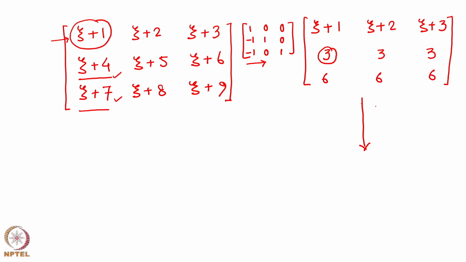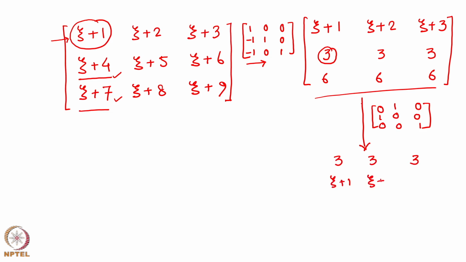So by a permutation matrix of this kind, 0, 1, 0, 1, 0, 0, 0, 0, 1, I can act on this matrix, and that will produce 3, 3, 3, xi plus 1, xi plus 2, xi plus 3, and 6, 6, 6.